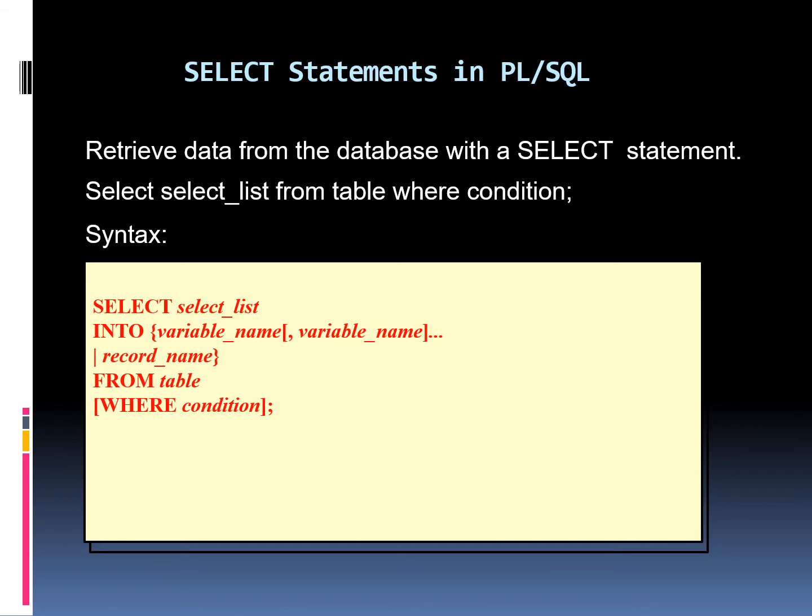It will pick the values from the table and store them into the variable which we have defined in this query, and these values of the variable will be printed through a print statement in our PL SQL program.